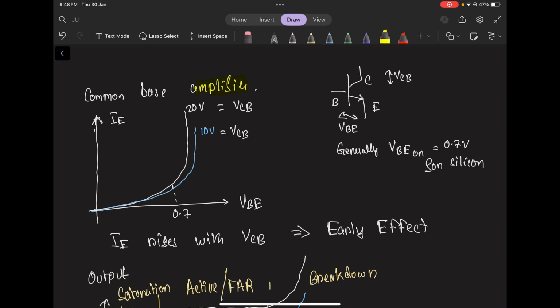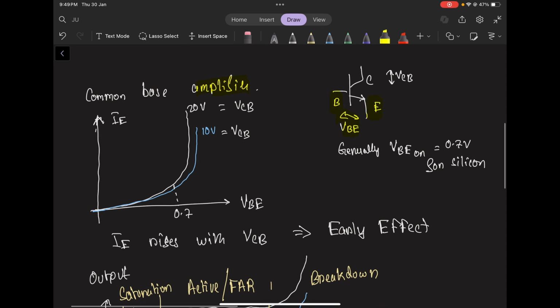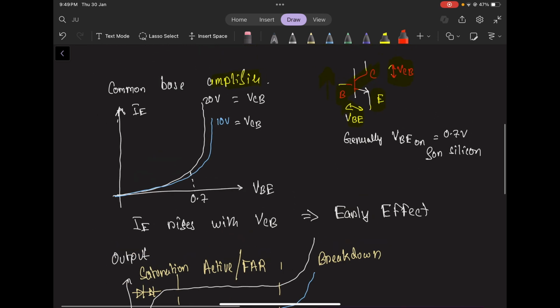So first thing is, this is the VBE, the difference between base and emitter voltage. Note that base will be at a higher voltage, and VCB, or the difference between base and collector voltage. So with that in mind, let's start with the input characteristics. We check for IE versus VBE, and we see that there's a difference between VCB.